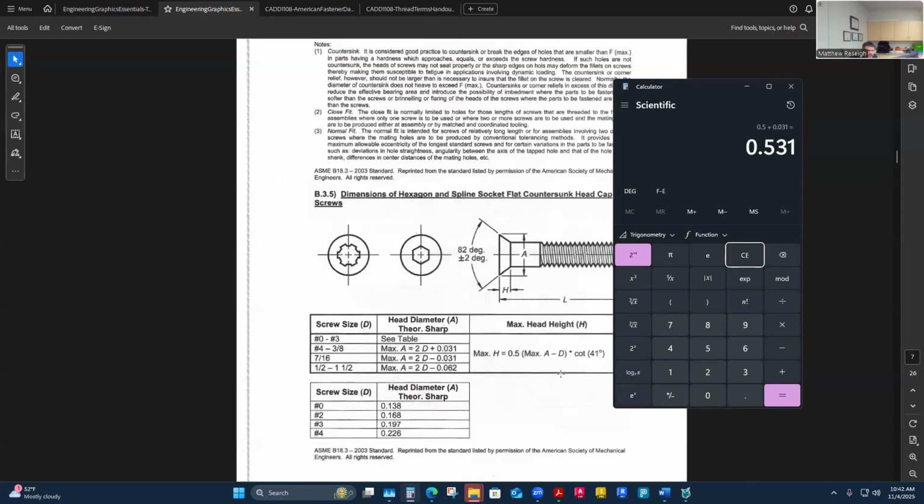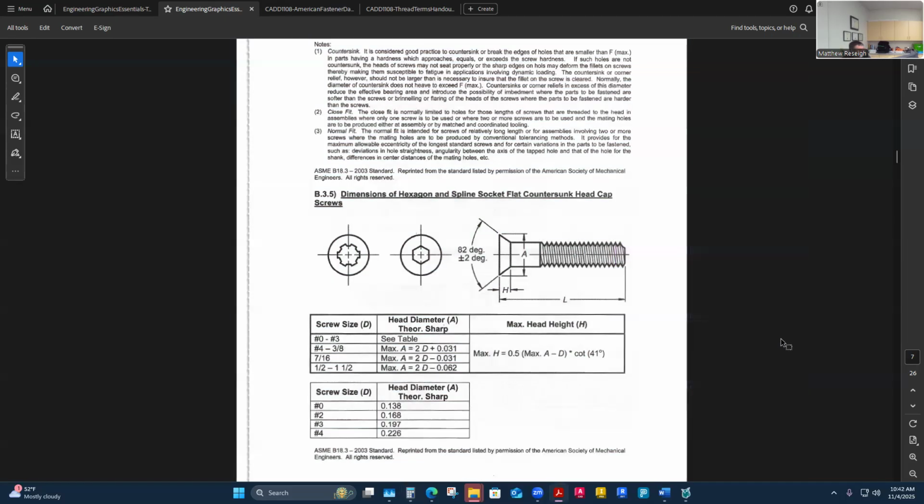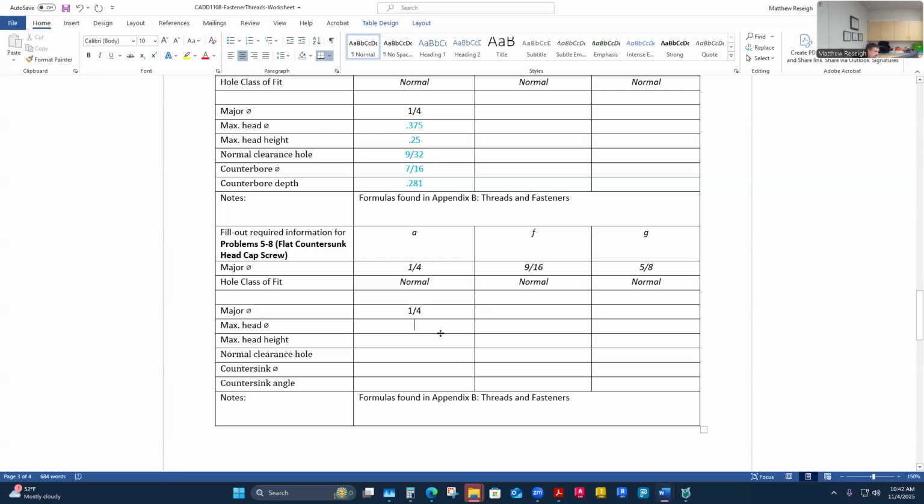Depending on which chart you go to, you might come up with a slightly different value. I do feel like they have a few charts in here that might be slightly different, but I'm going to go with 0.531. Let me know if you're looking at a different chart. There might be a chart that just calls that 0.5 without that little added amount, but if I'm using the chart that I have, that's what I come up with.